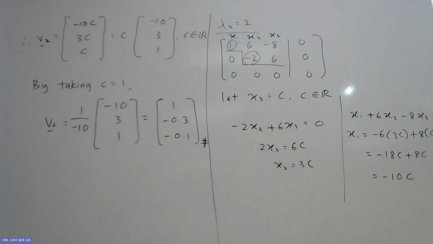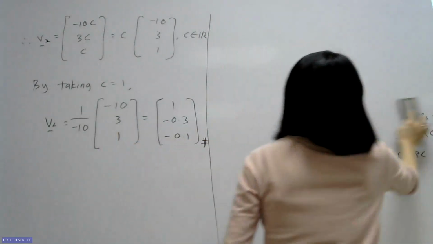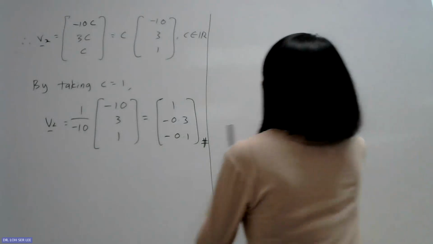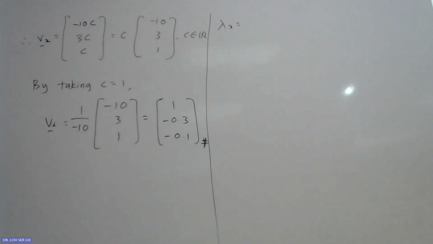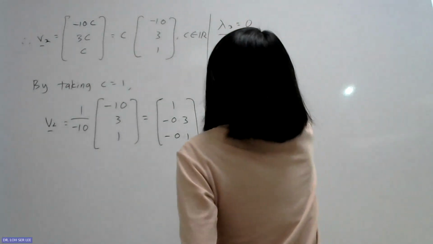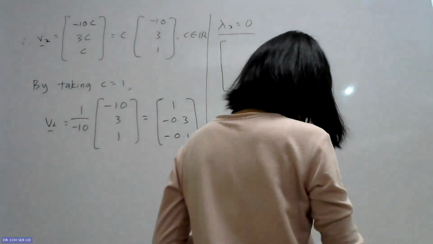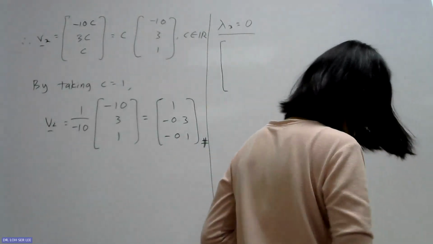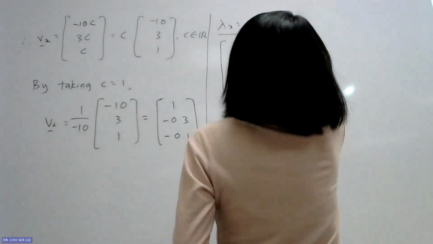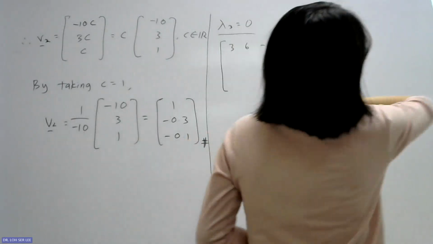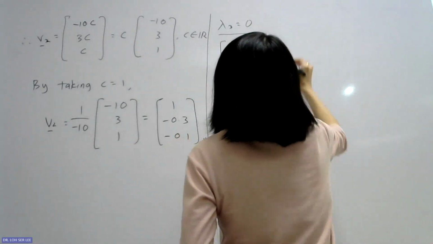Okay, last lambda. The lambda 3 is 0. Three, 6, negative 8, 0, 0, 6, 0, 0, 2.